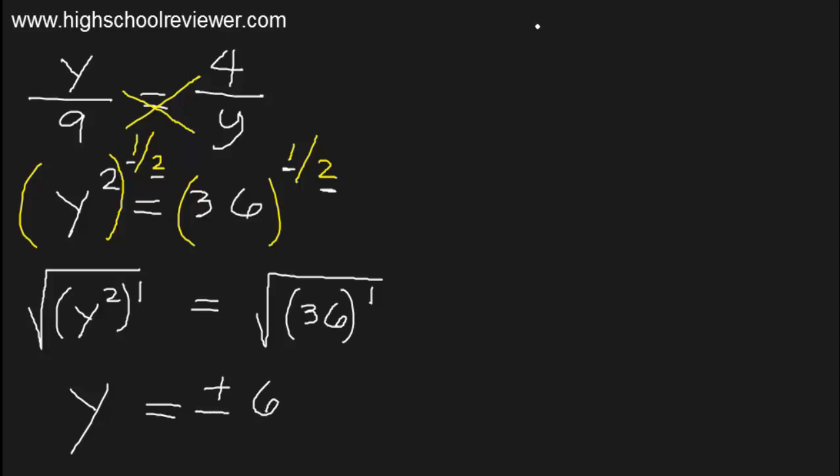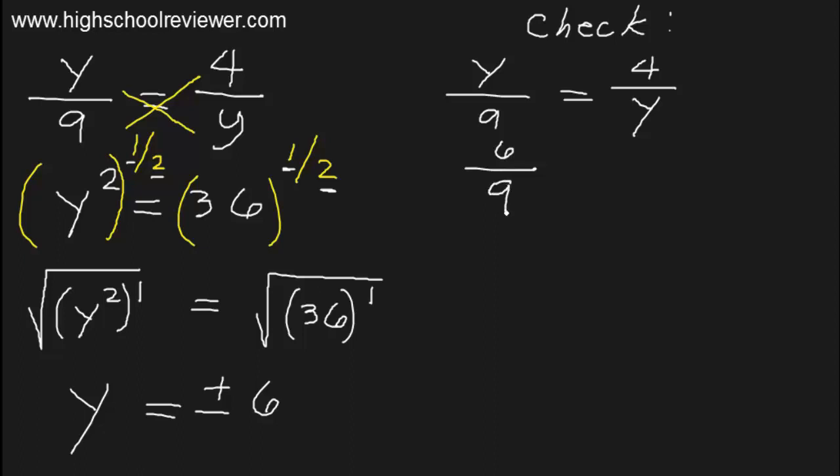And let us check if our answers are correct. Our first value for y is positive 6. So our equation will be y all over 9 equals 4 all over y. So our y here is positive 6 all over 9, and this will be 4 all over 6.